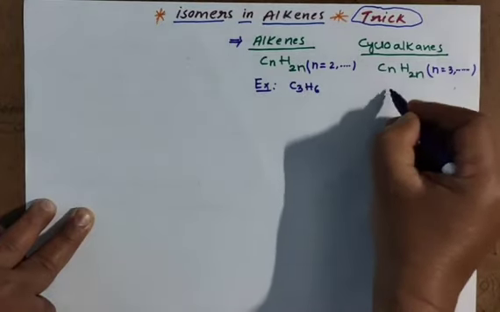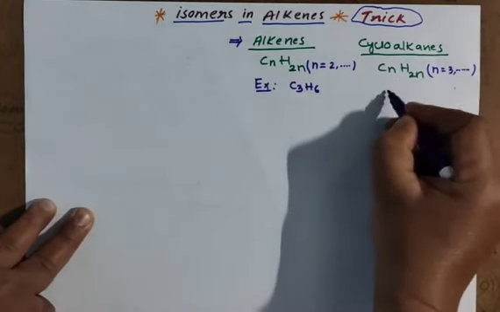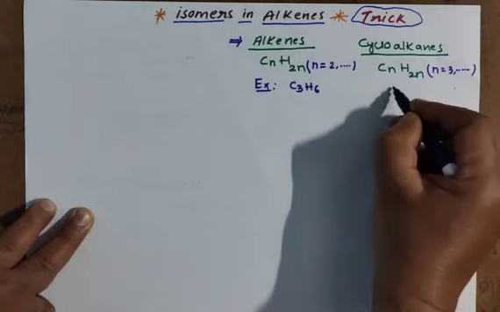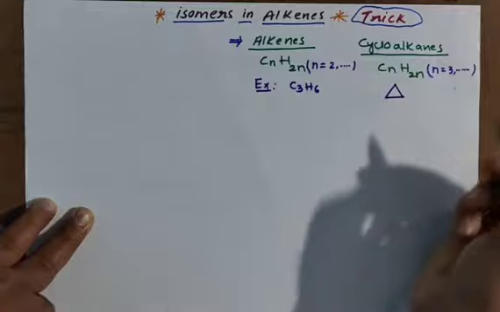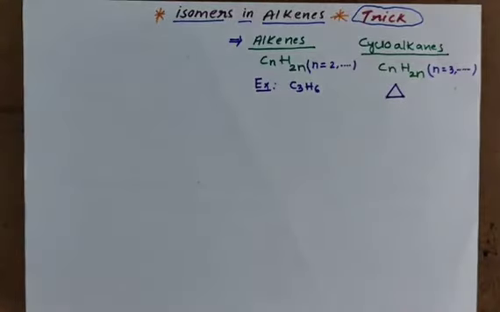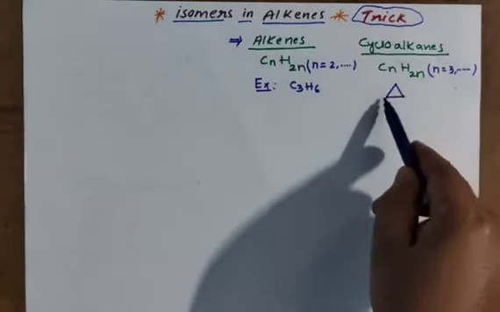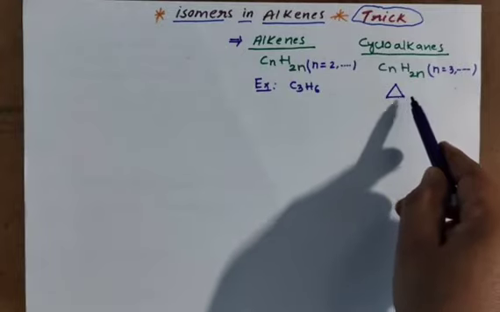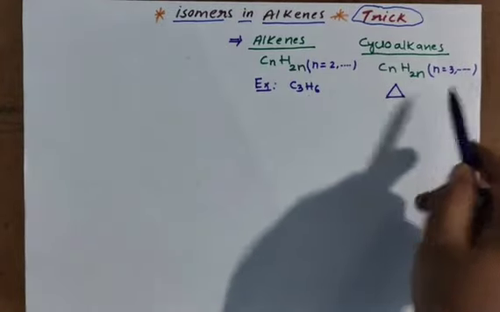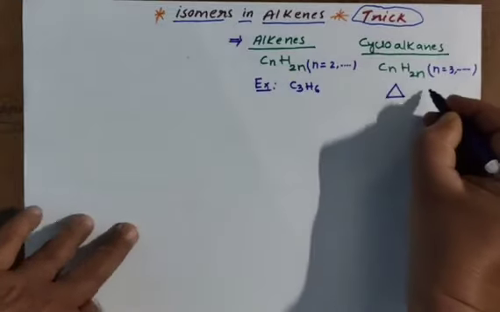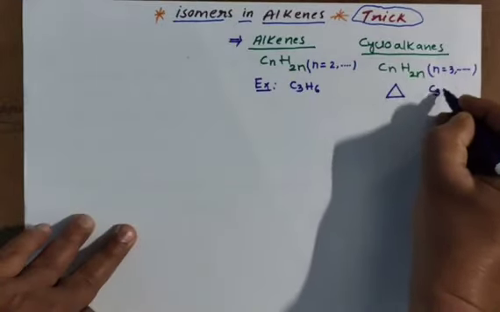If I took 3 in the cyclo compound, C3H6, same formula. The structure is cyclopropane, CH2, CH2, CH2, C3H6. The formula is the same, but the structure is different.